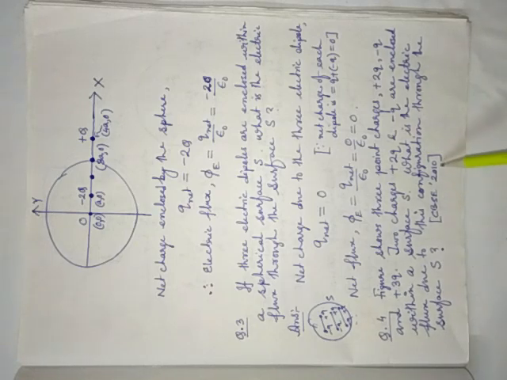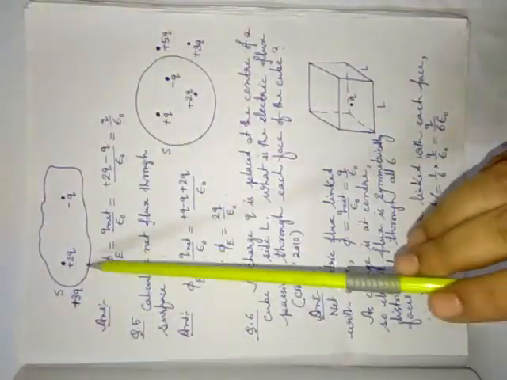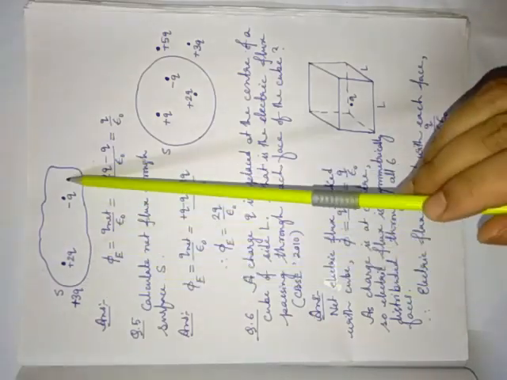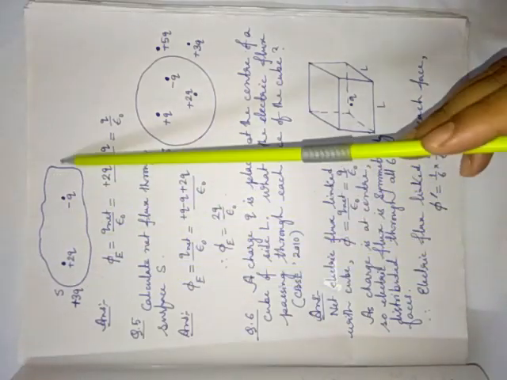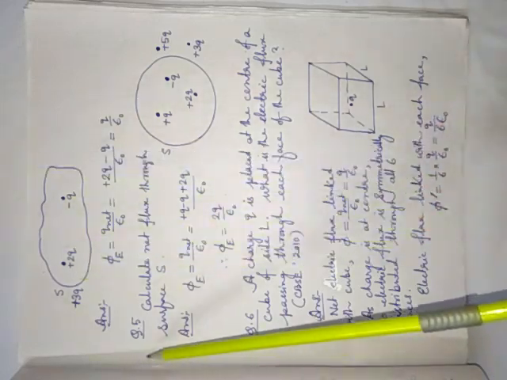It has come in CBSE 2010, but this type of question may come in the Assam board also. See, this is the figure. They may give you a sphere or whatever shape.